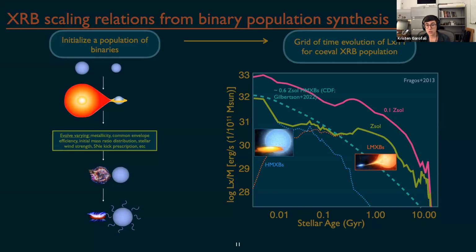And these happily agree, at least relatively well qualitatively, with some results we have from the Chandra deep fields. This is the intermediate metallicity, like 0.6 solar roughly for HMXBs only, but at least it looks pretty good. So that's encouraging for us for using these kinds of models and evolving them with time.